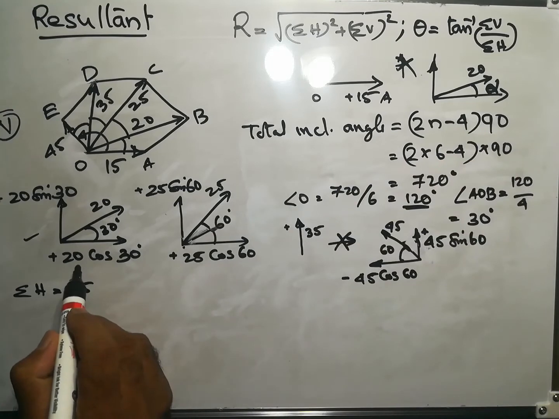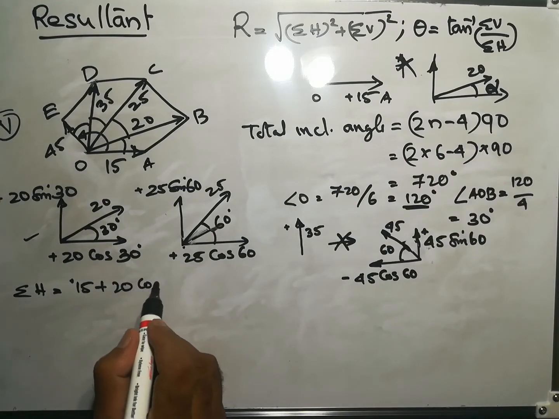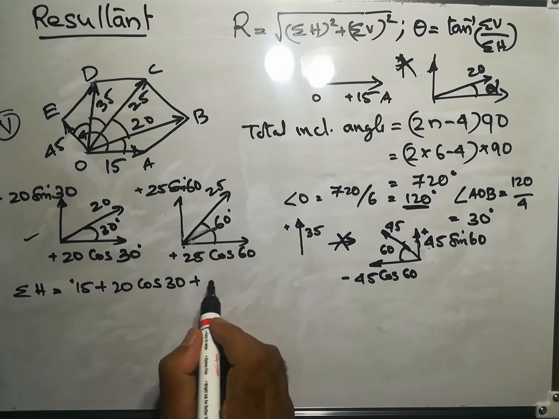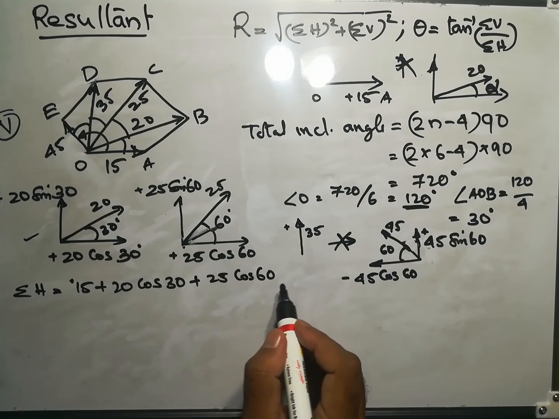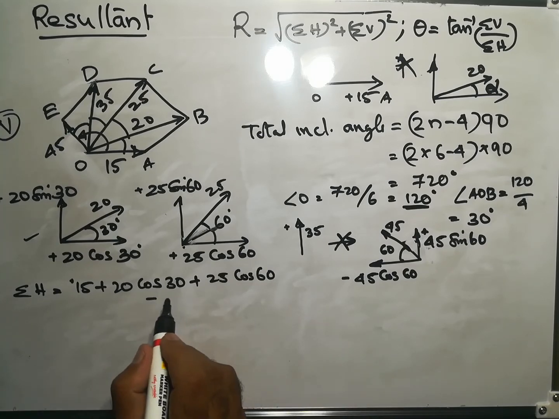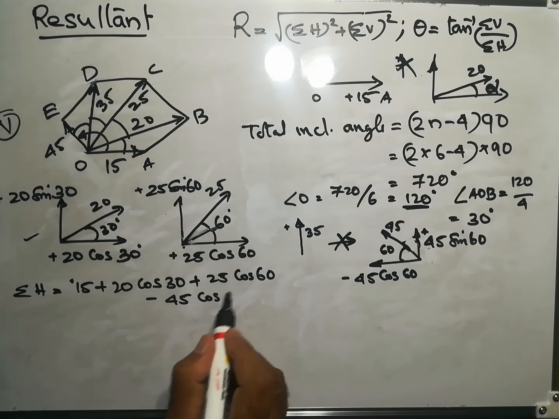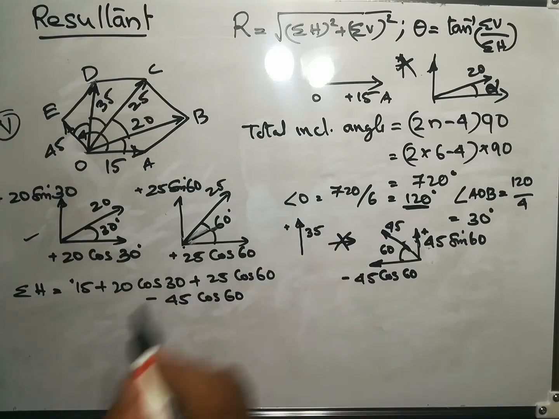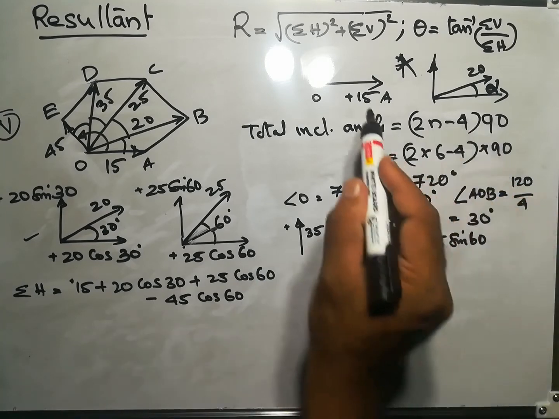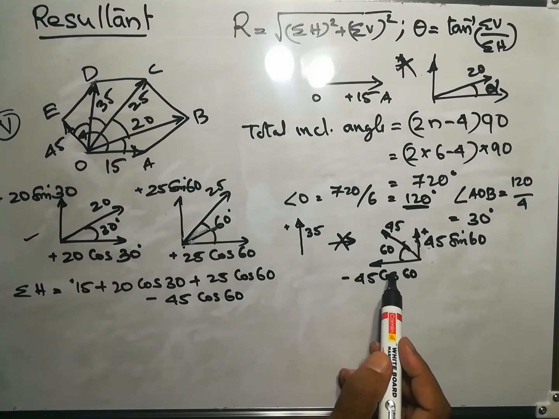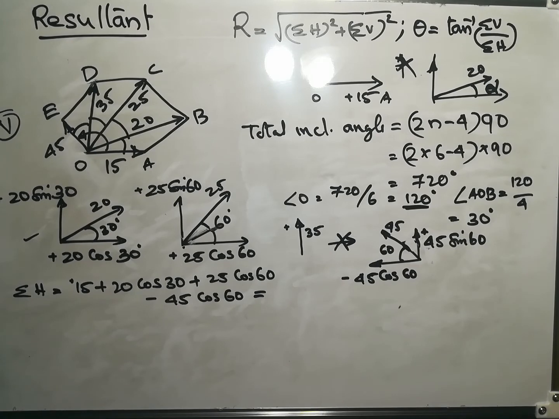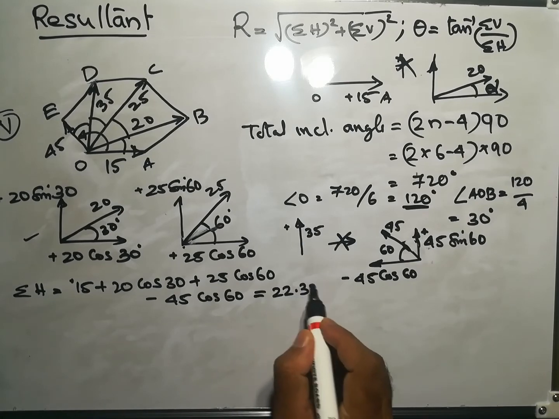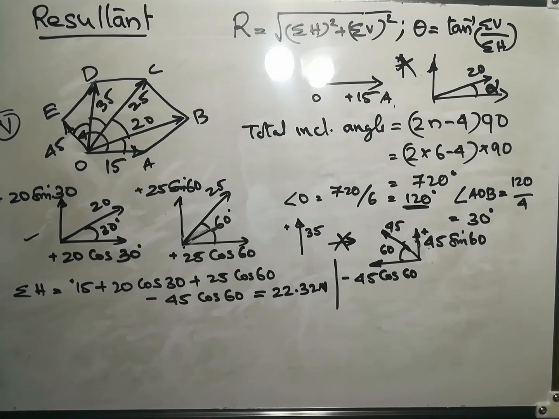Second one is plus 20 cos 30, plus 25 cos 60, all are plus, then minus 45 cos 60, because the 35 Newton force has only a vertical component. So there are 4 forces with horizontal components. When you calculate this, you will get the value as 22.32 Newton.